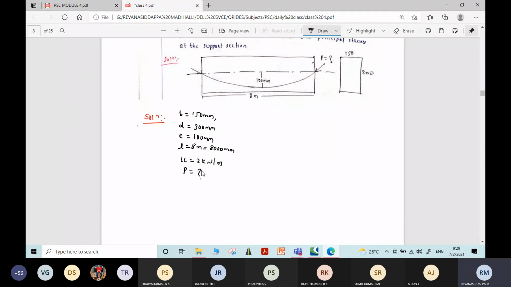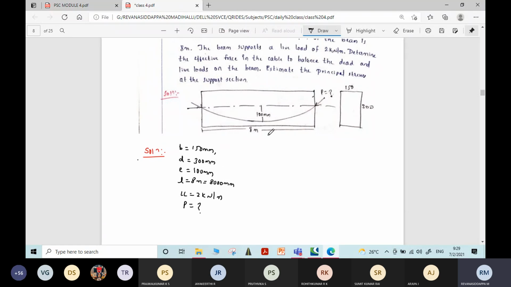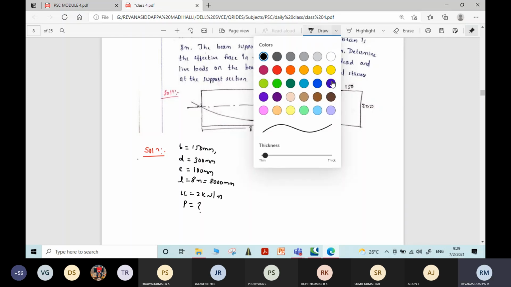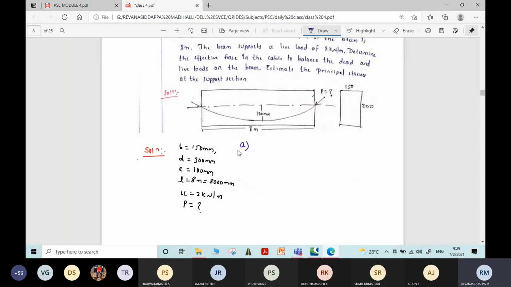Okay. Now first we'll find the effective force required in the cable to balance the dead load and live load. First question: effective force P to balance dead load and live load.